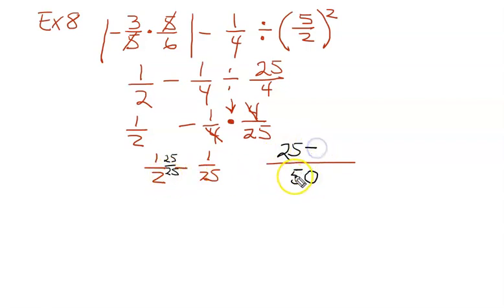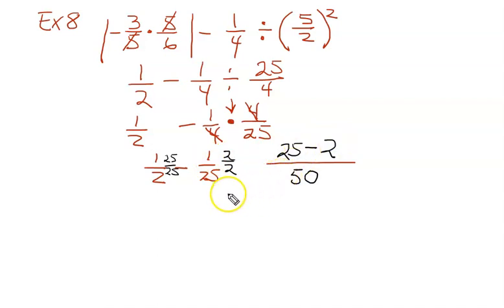Then I have a minus, and I want to change 1/25 to 50. So what form of 1 will I multiply 25 by to get it to be 50? And if you said 2 over 2, that is correct. So our denominator becomes 50, our numerator becomes 2.